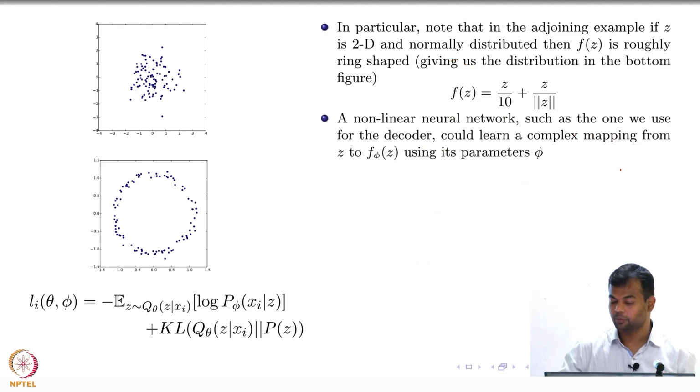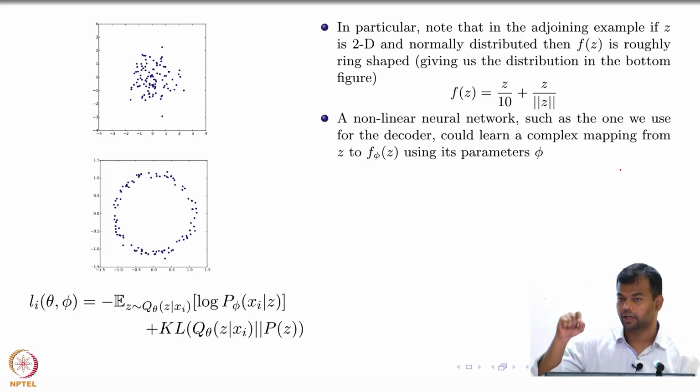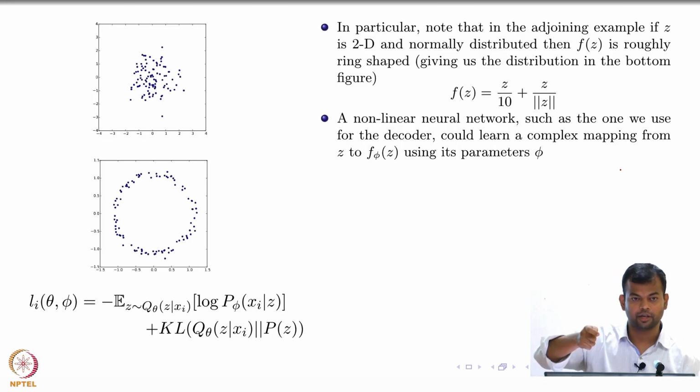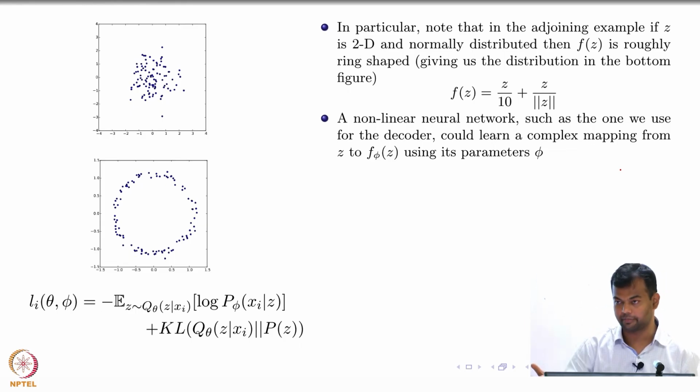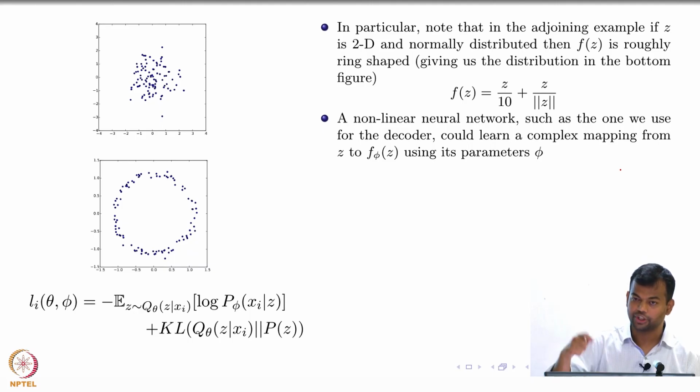So that's exactly what we do. If you can pass these z's drawn from a normal distribution through a sufficiently complex function, and that function could have its own parameters which are phi, and the function that I'm hinting at is a neural network. And we know based on the universal approximation theorem that a neural network, under certain conditions of course, can learn these arbitrary functions of the input.